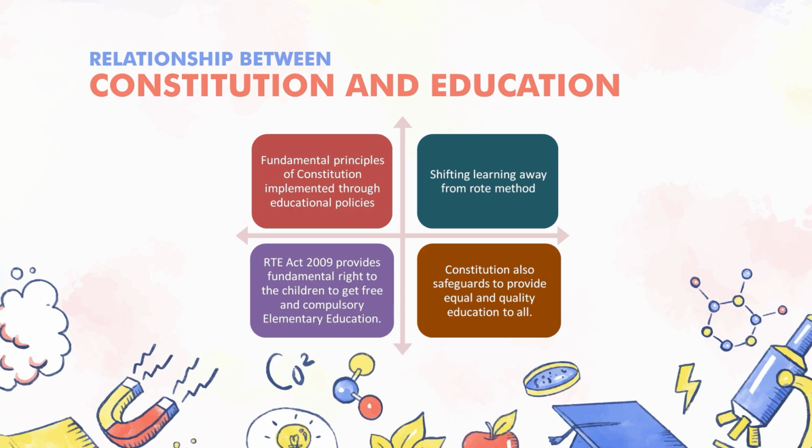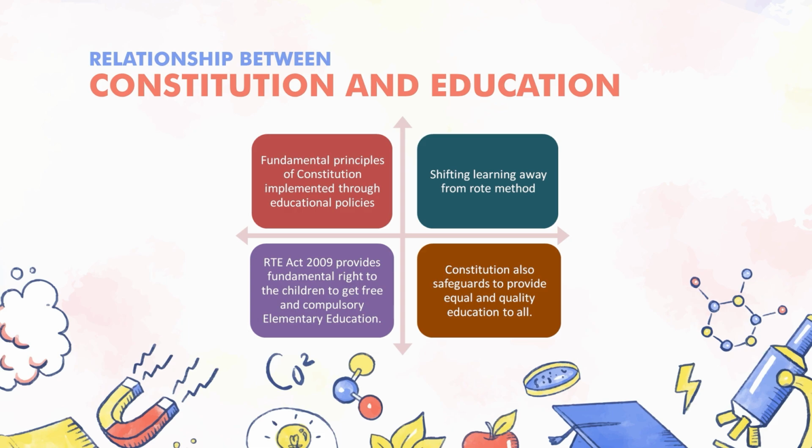Then the constitution also safeguards to provide equal and quality education to all. Try to understand: the fundamental principles of the constitution safeguard the equity, equality, and the rights of the children.